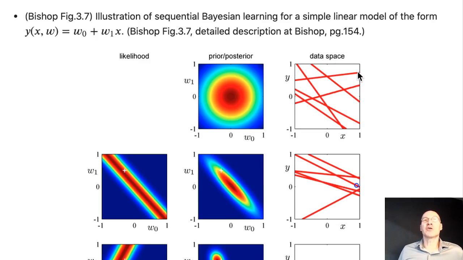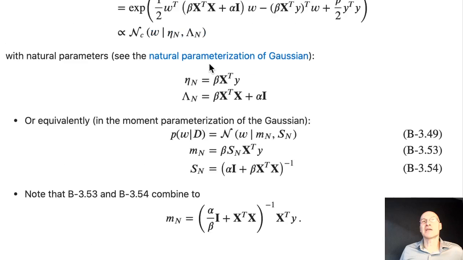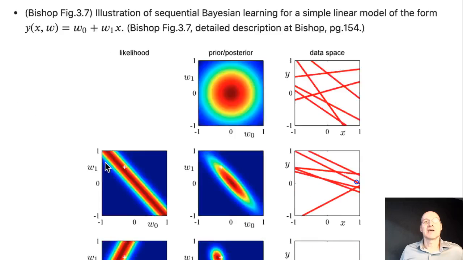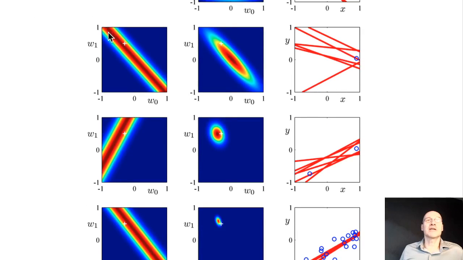Now we draw the first data point. We draw this point here, this blue point. What we'll do is we'll plug that into our formula for the likelihood, right? This was our likelihood here. And so we plug in y and x, and what comes out is basically a function, a Gaussian for W that's very elongated, right?